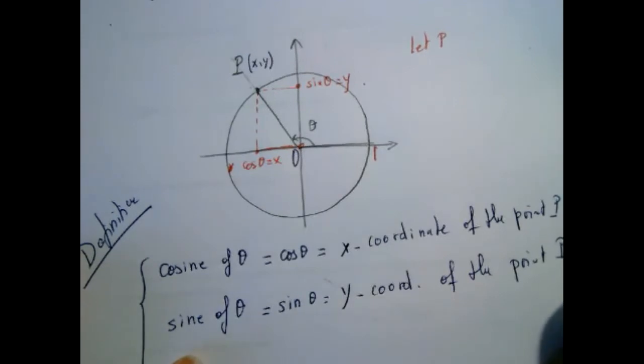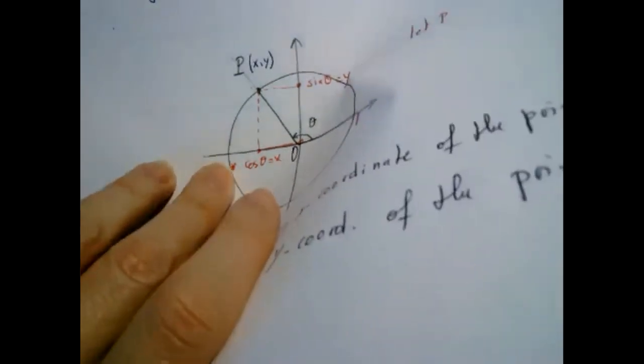That's the definition of sine and cosine. And immediately we're going to practice this definition. So we're going to do the following problem.